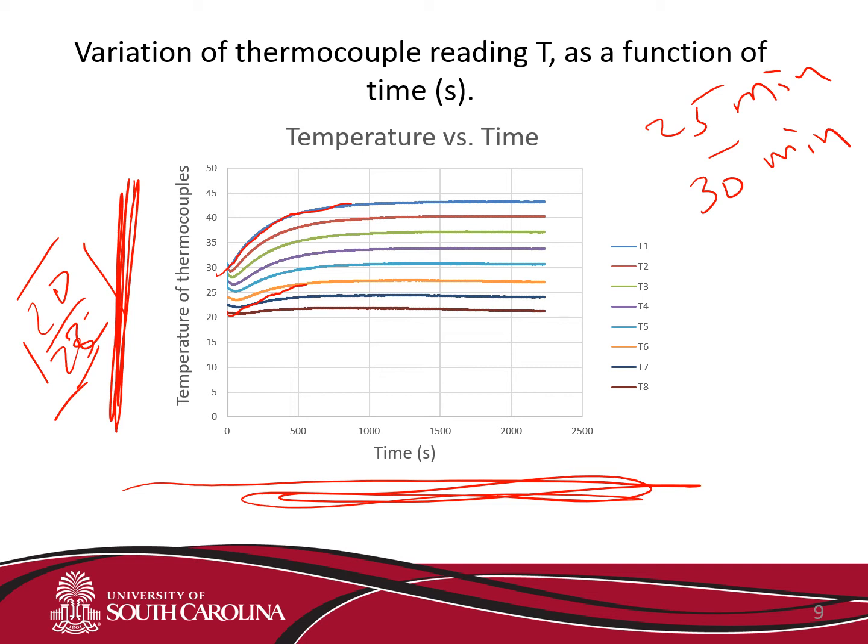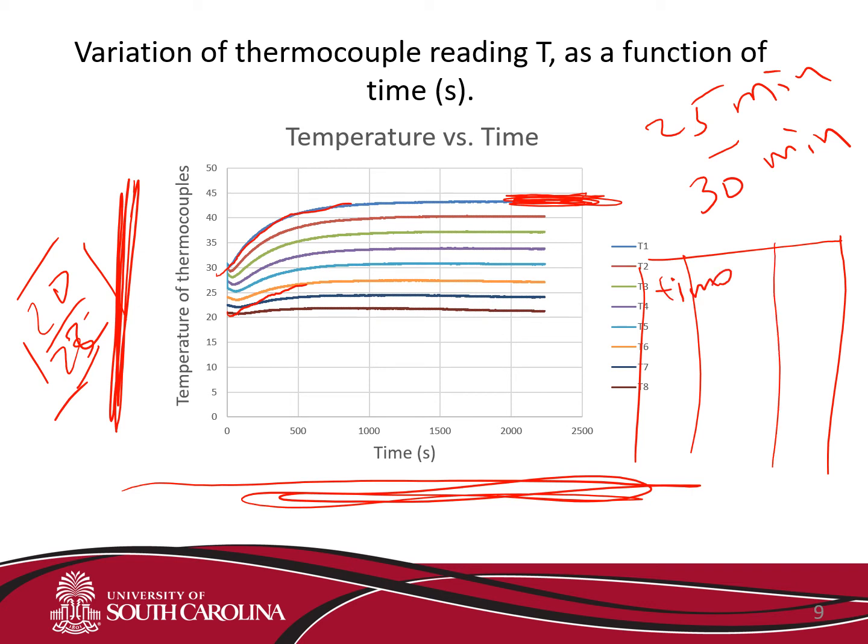How do you know that you reached the steady state? When the temperature is not going to change with the time. It's not a big difference, plus or minus 0.1. When we see that, it means we have reached the steady state. So when you reach the steady state, you need to find the temperatures. You have them in a text file, I will send you the text file. You have the temperature with the time, and you have T1 and T2 and T3 and so on.